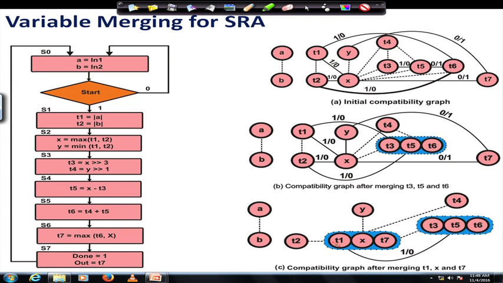As soon as I merge them, T4 became incompatible with this cluster. Y, which was otherwise compatible with X, has now become incompatible with this cluster, right. Can you see that? And T2, which was otherwise compatible with X, has now become incompatible with this cluster, because T2 was incompatible with T1 and I have brought T1 into this cluster.